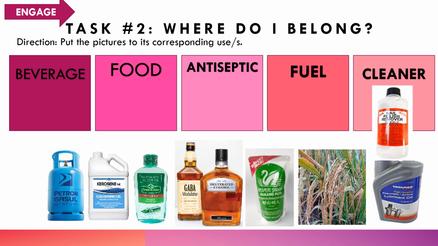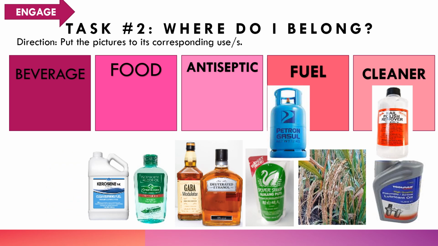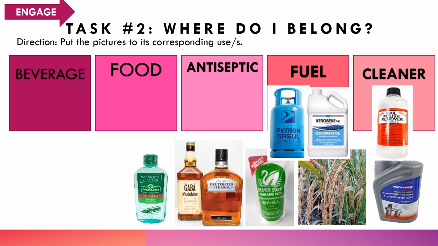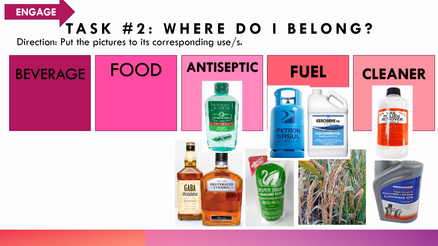Next, we have the LPG tank. LPG tank, its corresponding use is a fuel. Next, we have kerosene. Kerosene is used as fuel. Next, we have the alcohol. Alcohol is used as antiseptic. Next, we have ethanol.